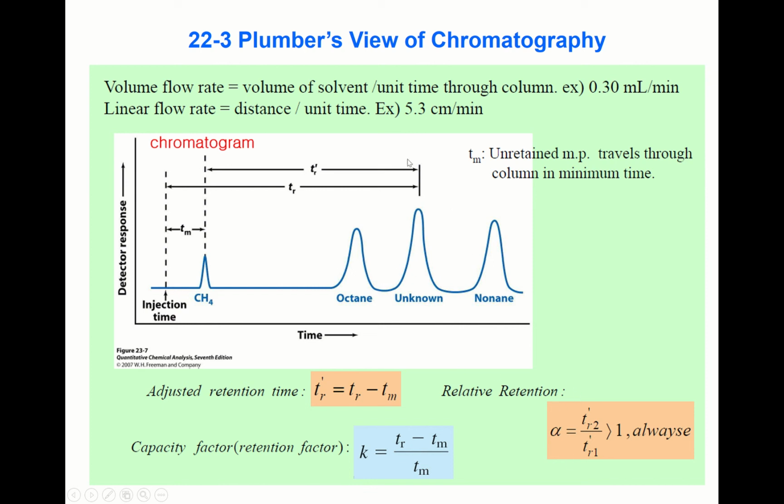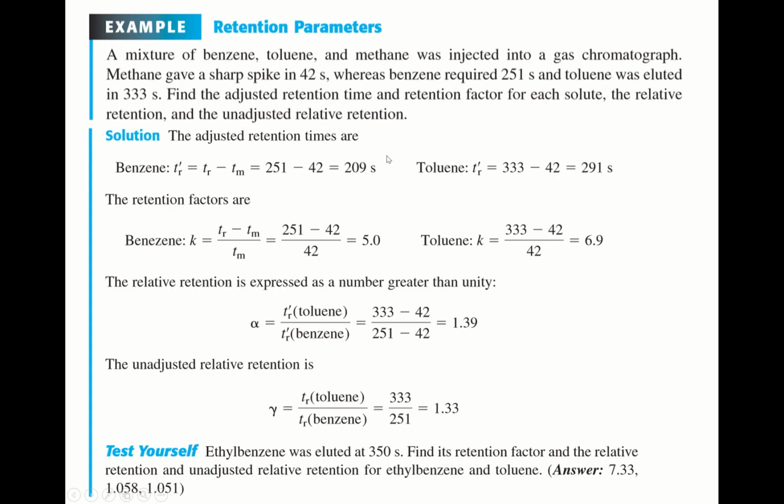So far it is very easy to understand. Here's an example on retention parameters. Let's read the question. A mixture of benzene, toluene, and methane was injected into a gas chromatograph. Methane gave a sharp peak spike in 42 seconds, whereas benzene required 251 seconds, and toluene was eluted in 333 seconds.